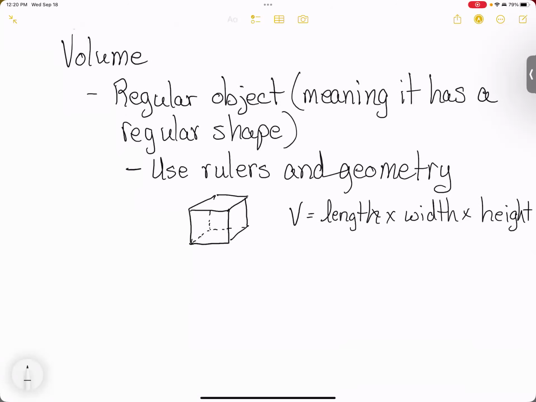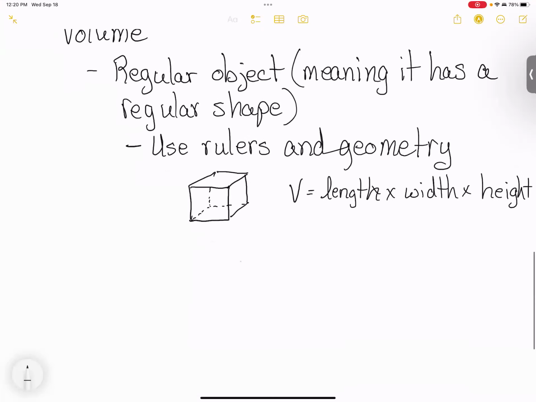If we have a cylindrical object, then the volume is equal to 4/3 pi r cubed. Now, I'm not expecting you to know these geometry equations.